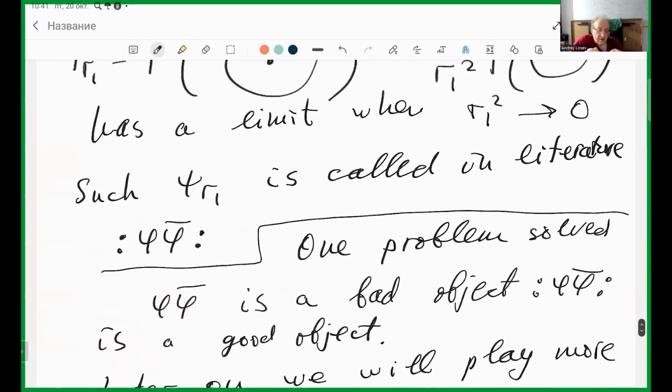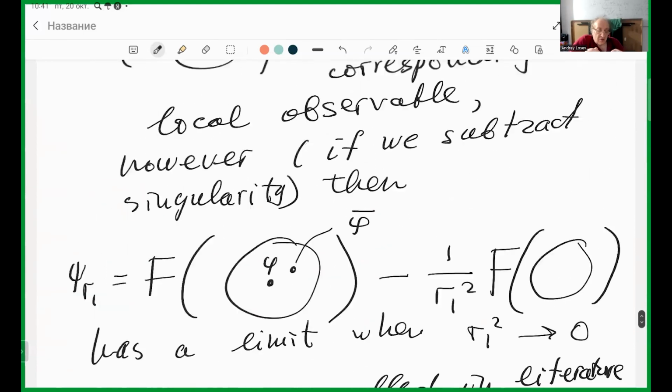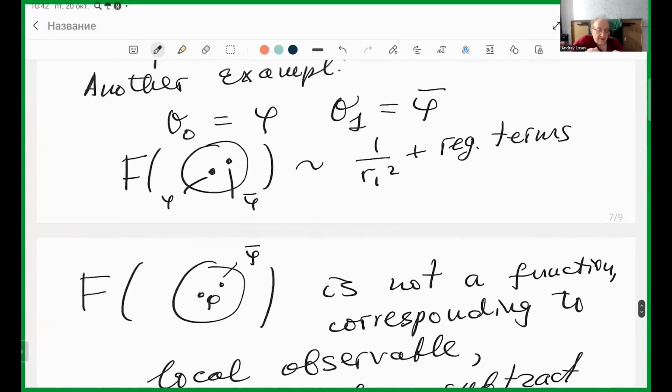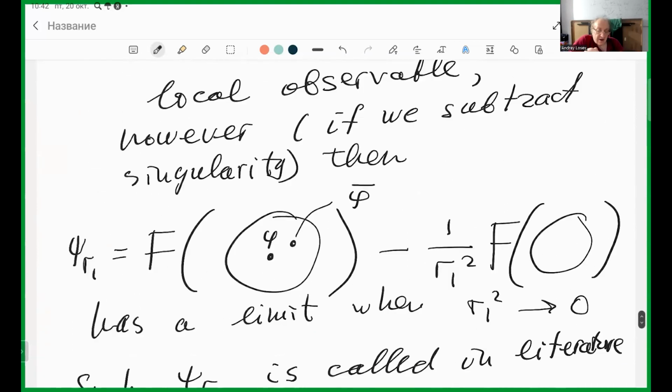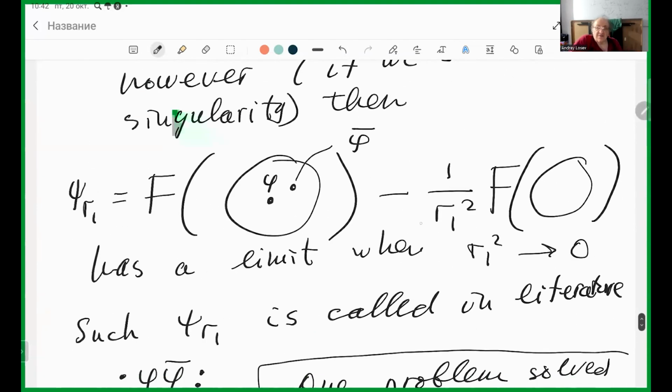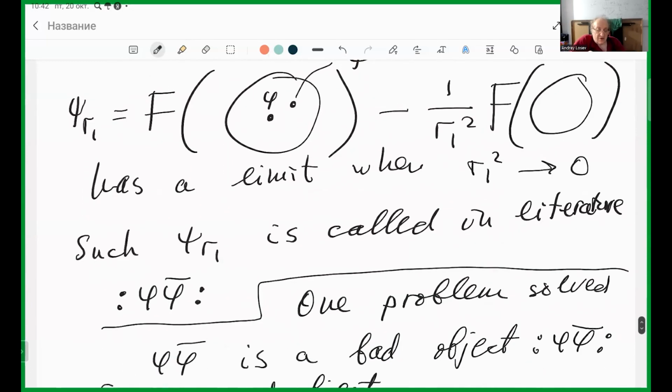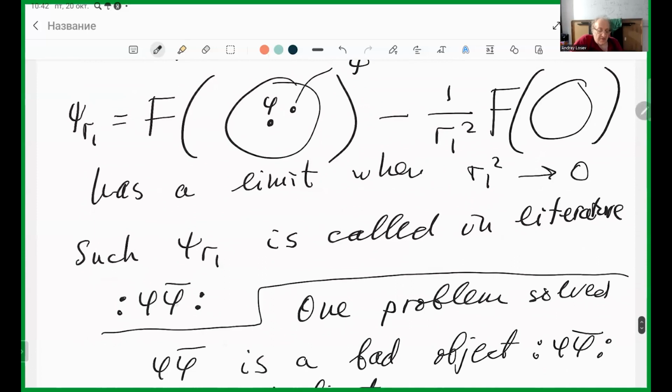So let me remind you, what is phi bar? I hope you see that psi r1 is this thing where we subtract 1 over their difference, and we put here nothing. So here is the definition of phi bar double dots.